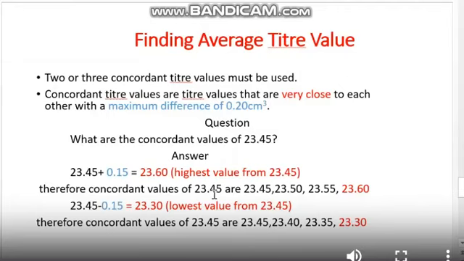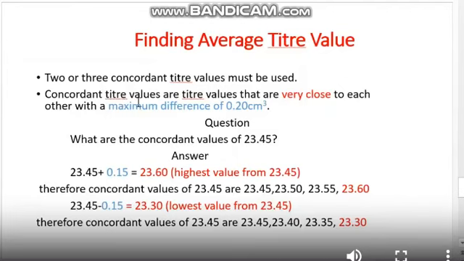If I choose to go towards the decreasing side, I have to subtract that 0.15, which is our difference factor. How do we get 0.15?